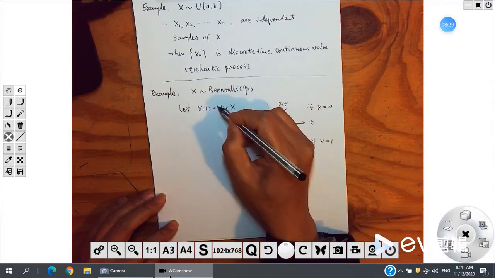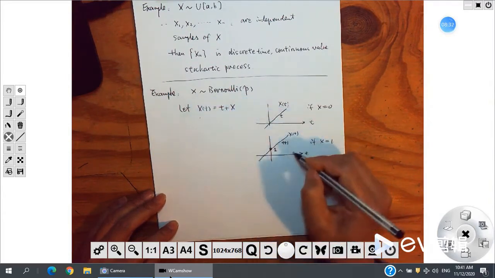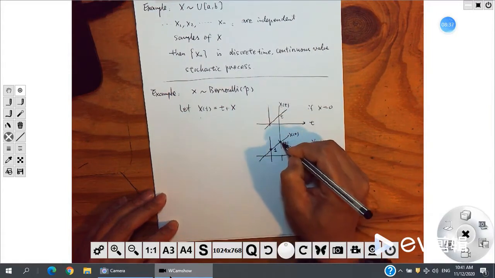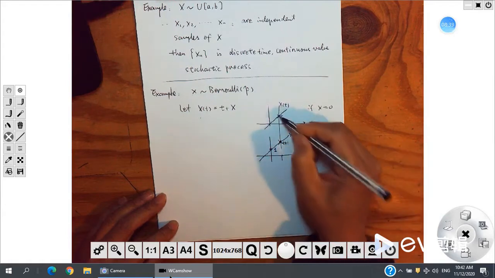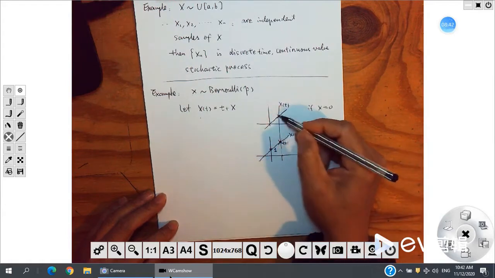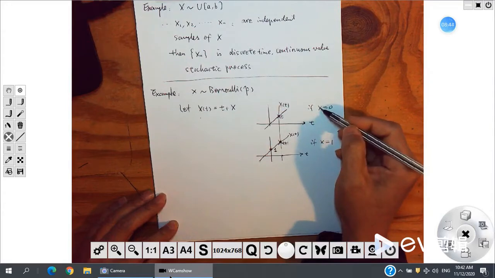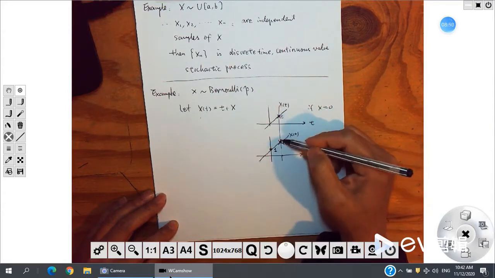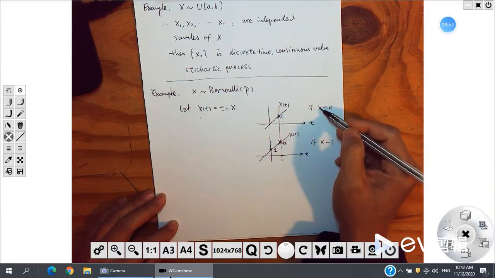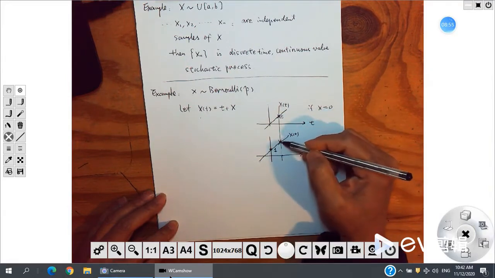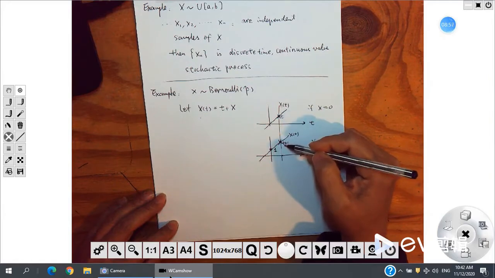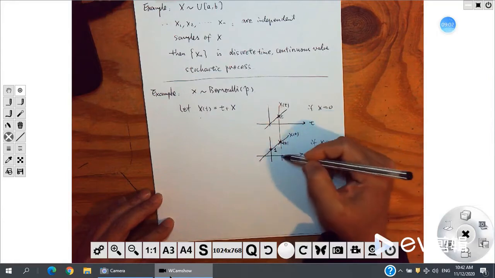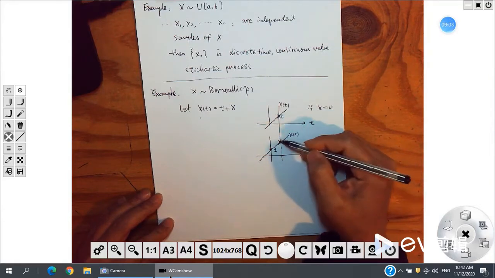And for every t, when you fix a t, you have this value and this value. These values are random, depending on capital X. Before you get the value of x, you cannot be sure which one will happen. When you get the result of x, then you know the value will be either t or t plus 1. So this is also a random process. For every t, this is random.